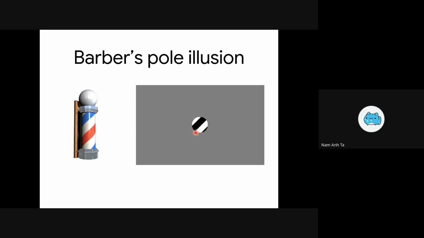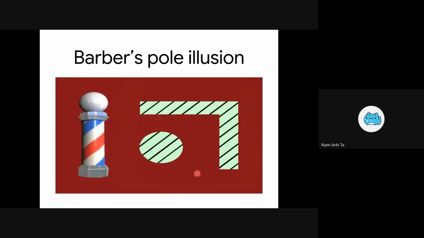Even when you look at this one, can you guess which direction they are actually moving? Suppose that we can only see a moving diagonal stripe through a small opening like this. In reality, we cannot determine its true direction of motion.